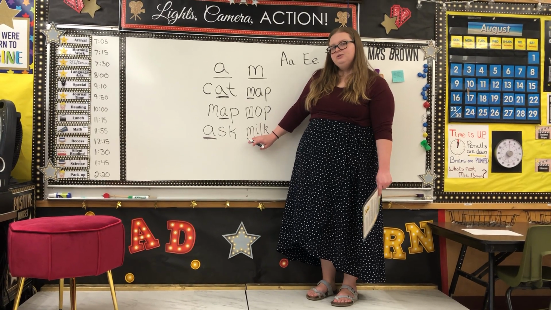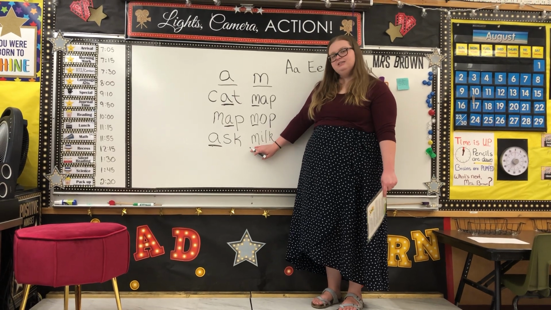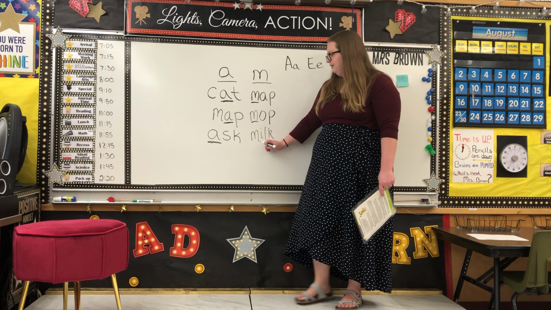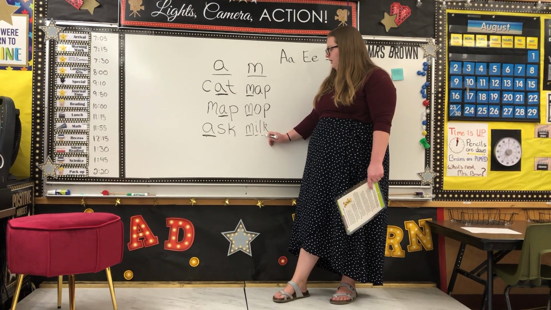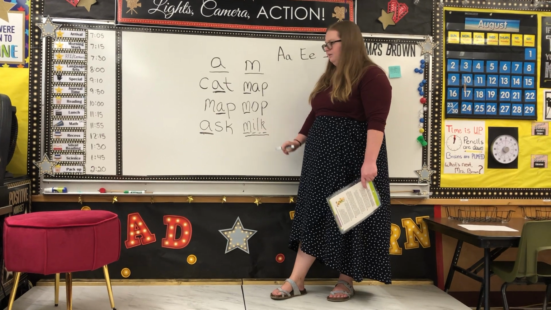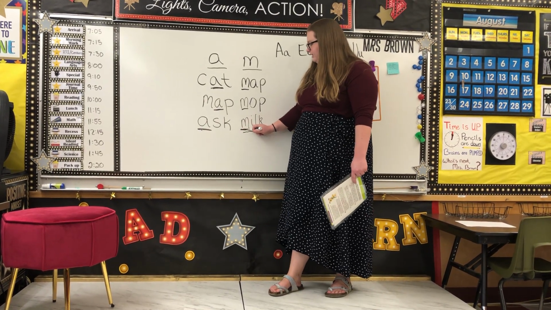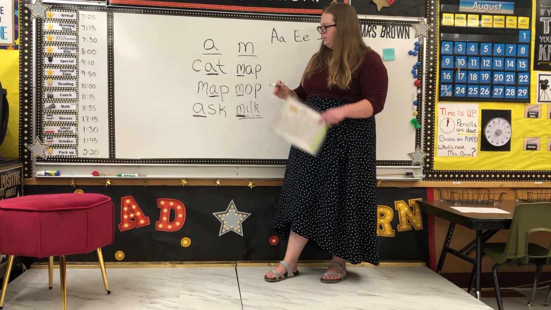You might like to have it on your cereal. It's white and it's something you can drink. Milk. If you said milk, you're right. And our underlined letter is right there because it has the same sound.